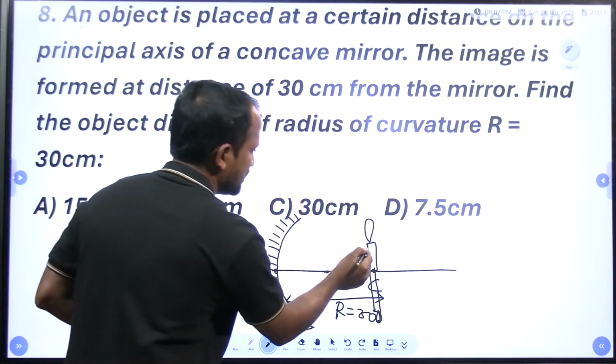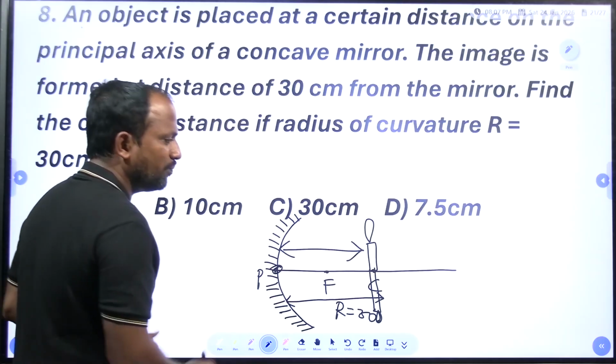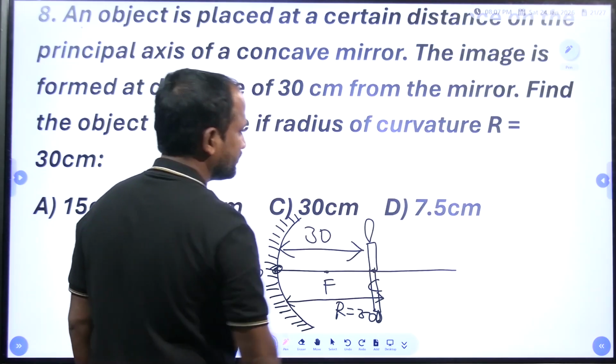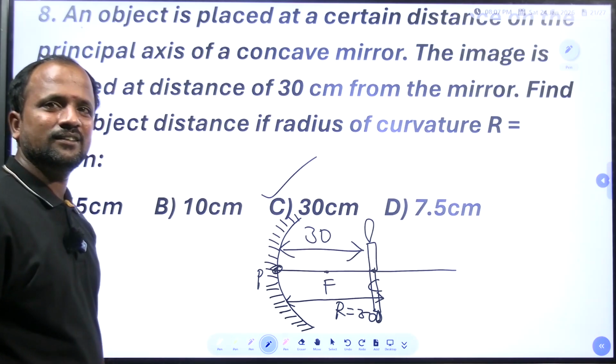So the distance between the object and pole is 30 centimeters. C is the correct answer.